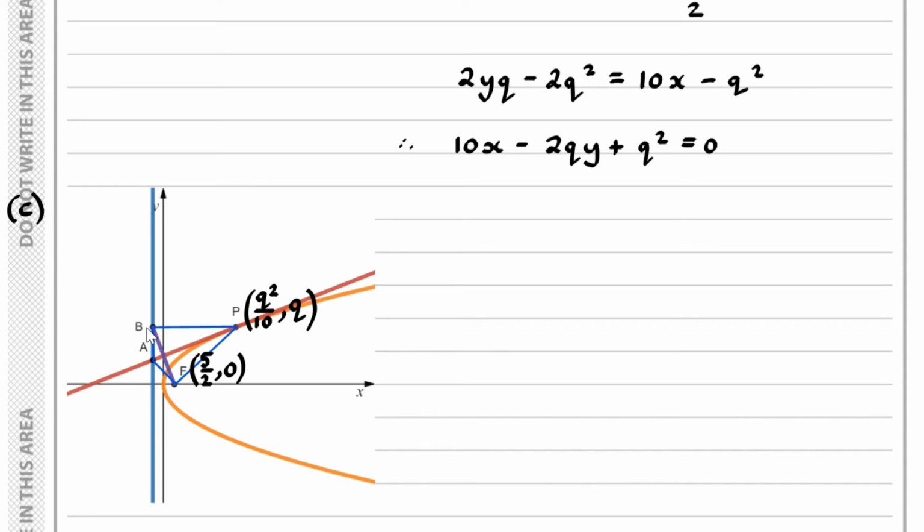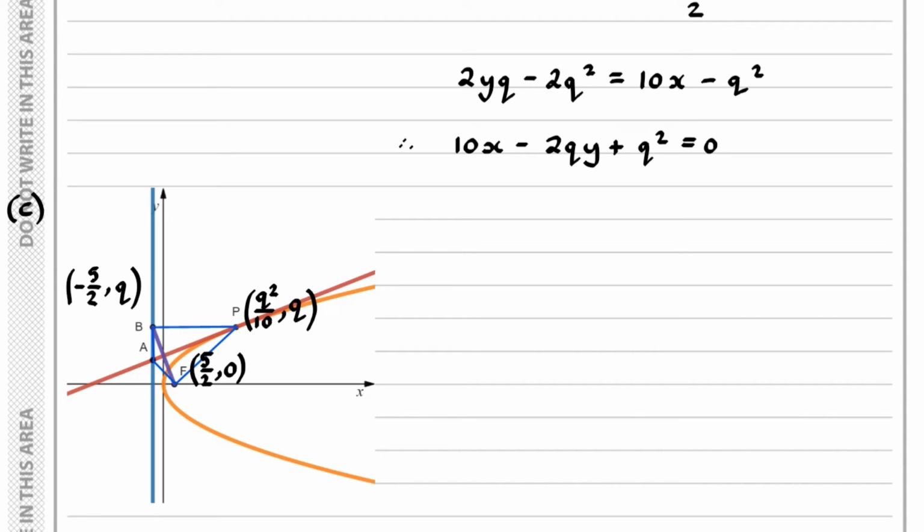And what we need to do is find out the coordinates of A and find out the coordinates of B. Now, the coordinates of B will be quite straightforward to work out. B lies on the directrix, which means its x-coordinate is -5/2, and its y-coordinate will be the same as that of P's, q.